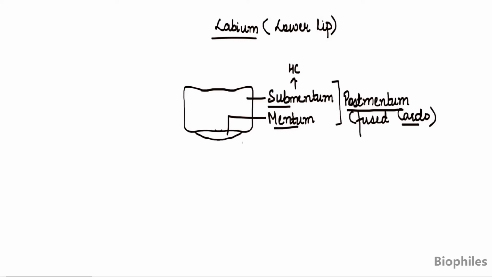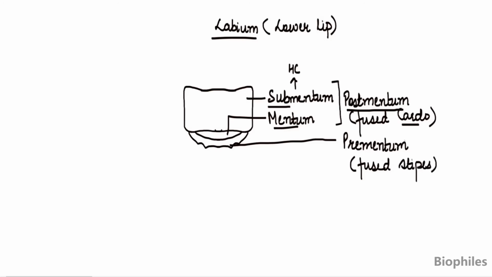Just below the mentum, another structure is present, and this structure is called prementum. So there is postmentum and prementum, and this prementum represents fused stipes.